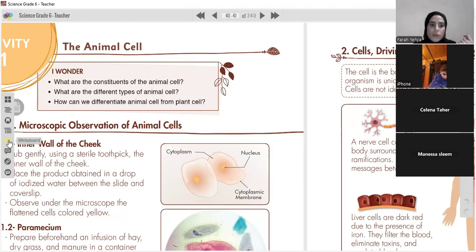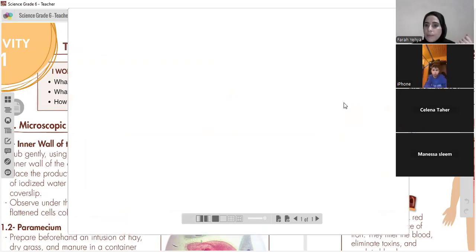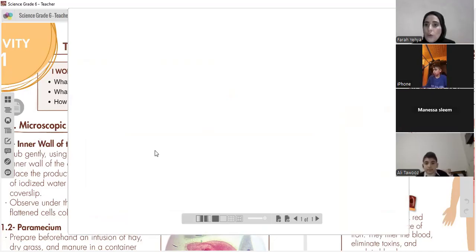Let me use the whiteboard. Let me start my explanation with 2 definitions. I have here something we call unicellular organism. Please think what the meaning of unicellular organism is.